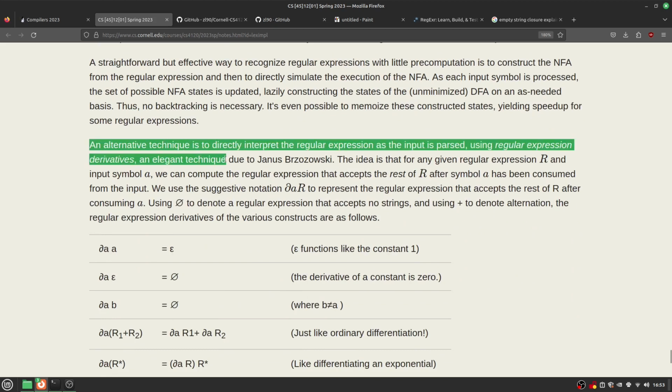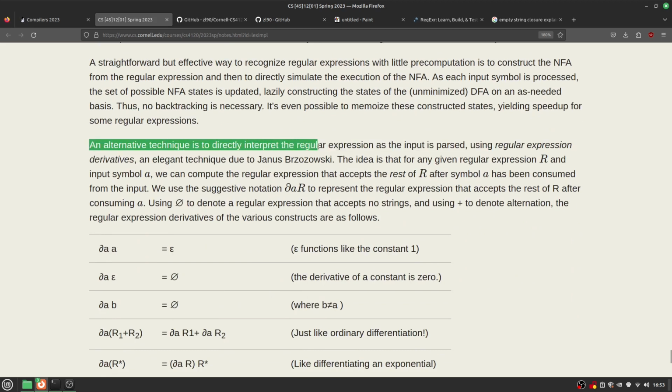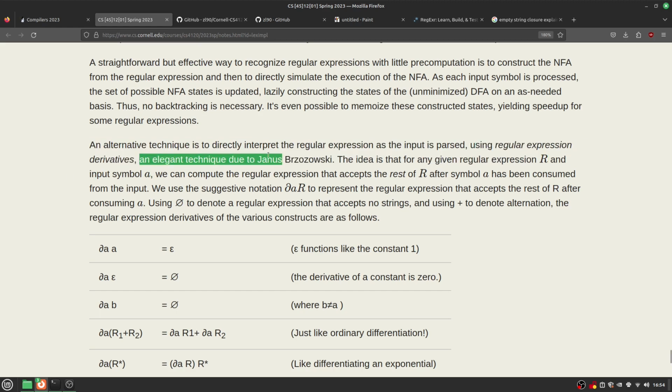An alternative technique is to directly interpret the regular expression as the input is parsed, using regular expression derivatives, an elegant technique due to Janis Brzozowski.